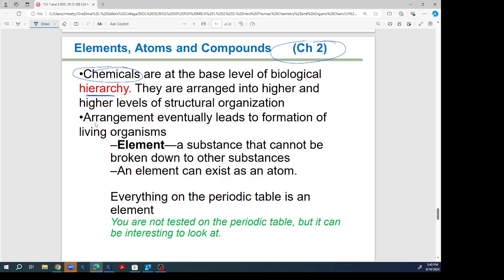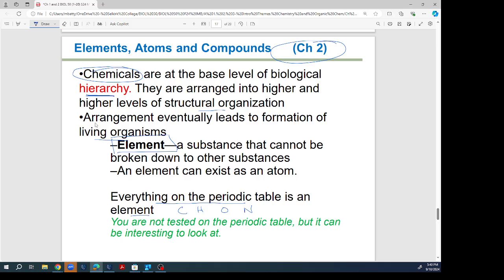And those chemicals are arranged into higher and higher levels of structural organization, eventually leading to you. So the base level that we could talk about is an element. The element is on the periodic table. So everything on the periodic table, which I put in the package, or you can find on the Moodle site as a document, those are all elements. And so carbon, hydrogen, oxygen, nitrogen, those are all elements.